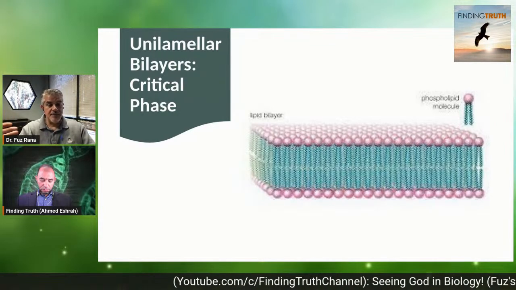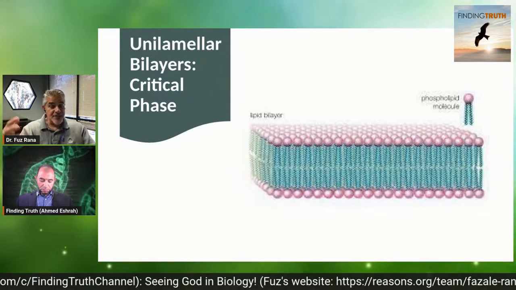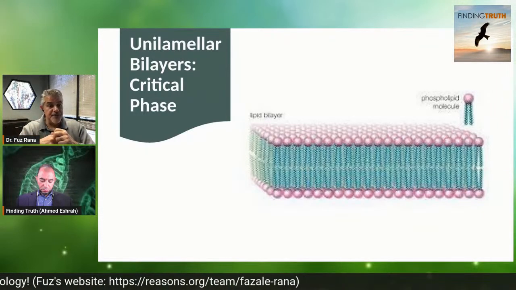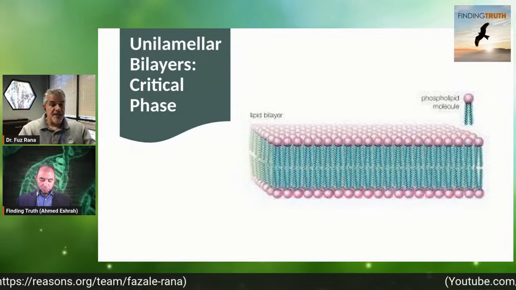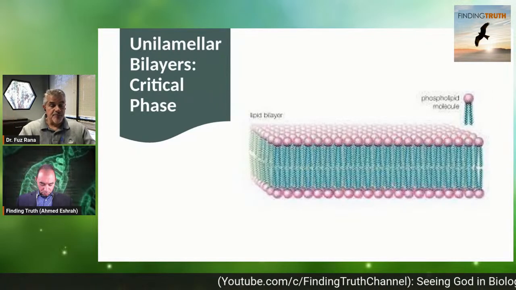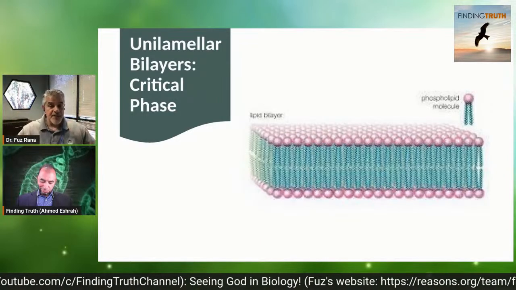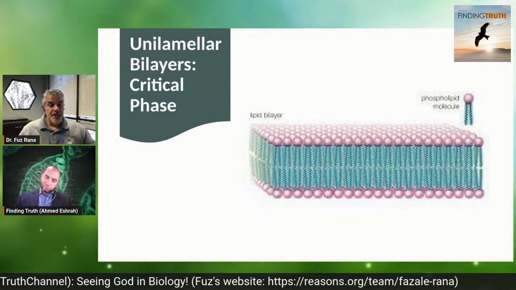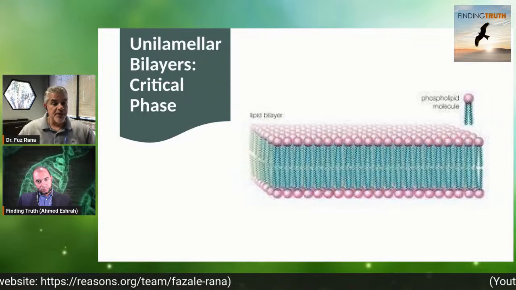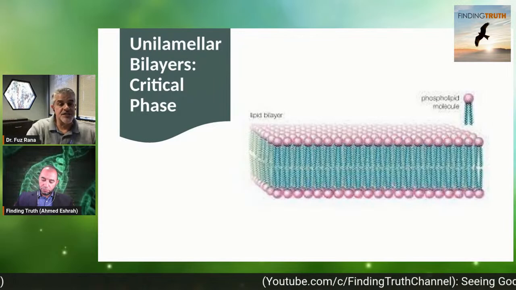We talked about the fact that if that composition deviates ever so slightly from what it is at the particular temperature that the cell membrane finds itself, so in human beings at 37 degrees, you lose that unilamellar phase. It collapses into a multilamellar bilayer, which is catastrophic for the cell, causing essentially a lysis of the cell.